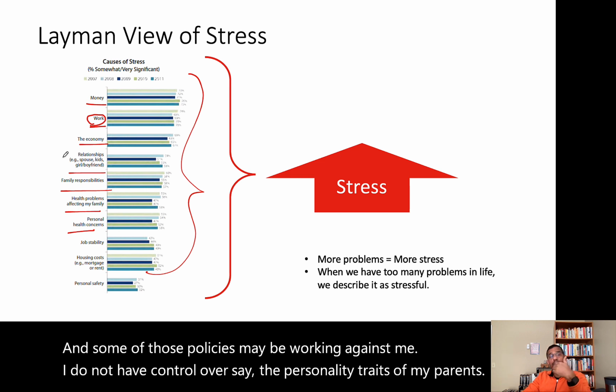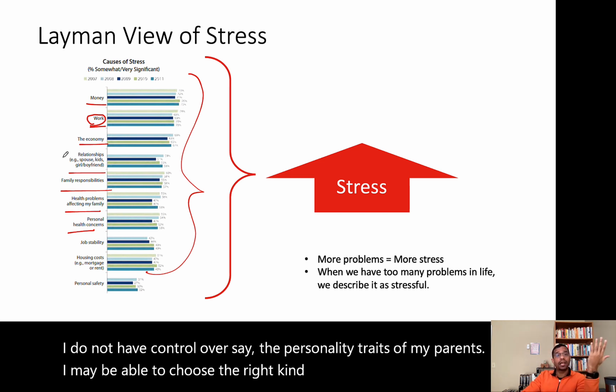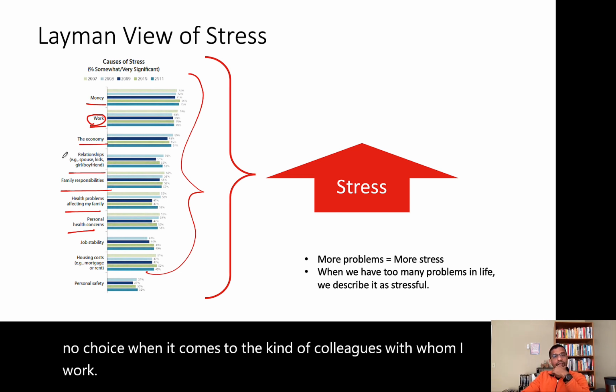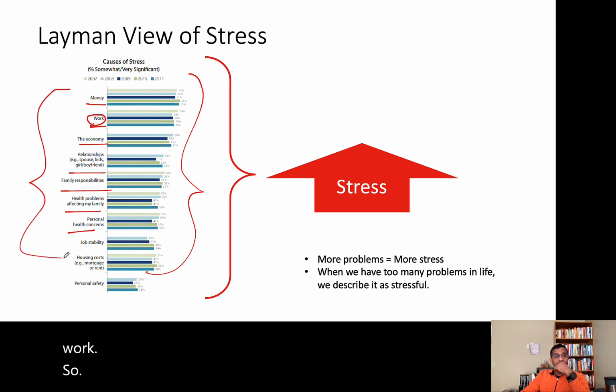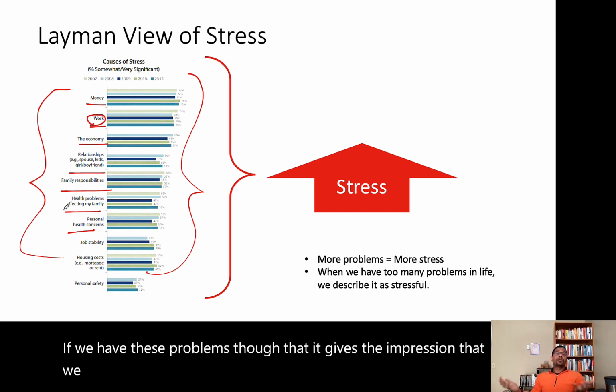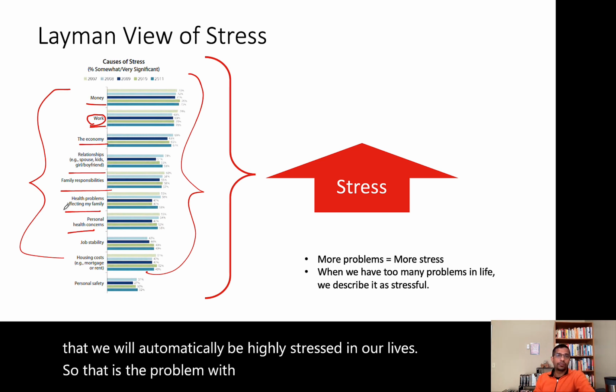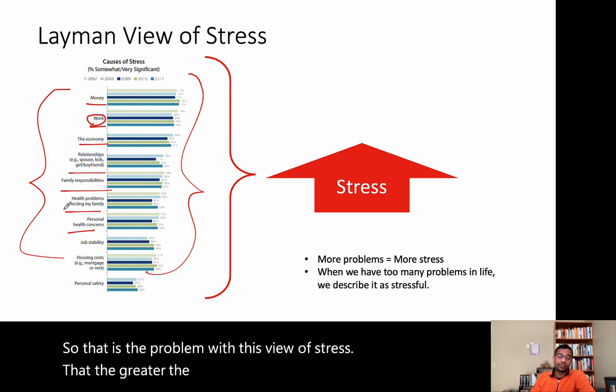I may be able to choose the right kind of friends, but I may have no choice when it comes to the kind of colleagues with whom I work. So if we have these problems, it gives the impression that we will automatically be highly stressed in our lives. That is the problem with this view of stress, that the greater the problems, the more the stress. And there is a major flaw there.